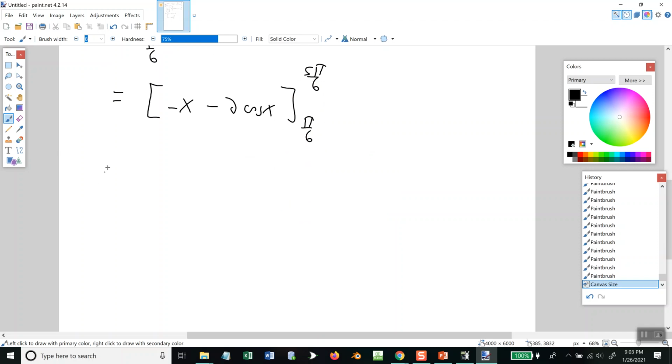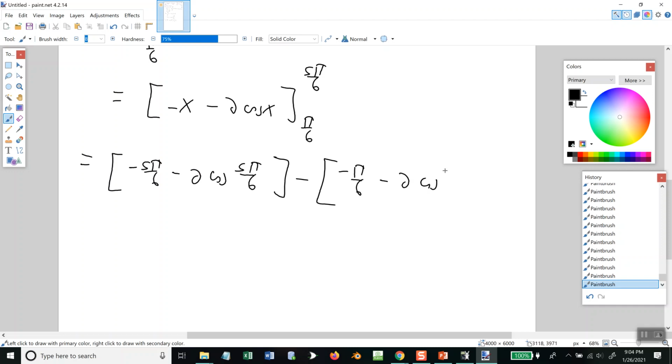Okay, so then I plug in the values. I'm going to have negative 5 pi over 6 minus 2 cosine 5 pi over 6 minus negative pi over 6 minus 2 cosine pi over 6.